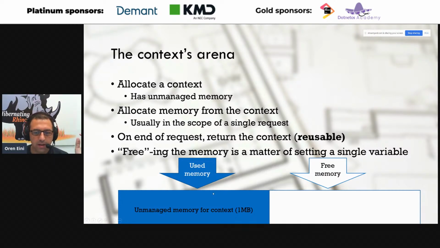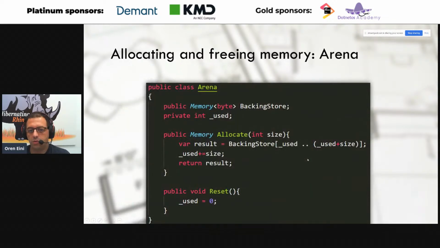Just to give you some idea, there is something called Arena Allocator. And this is basically the memory that I allocated. This is the amount that I used. Every time that I need to have more memory for this particular context, okay, give me this section, give me this section, this section. Once I'm done, okay, the memory that I used, go back here, and now I'm starting allocating from here. It might be easier to look at it in terms of code.